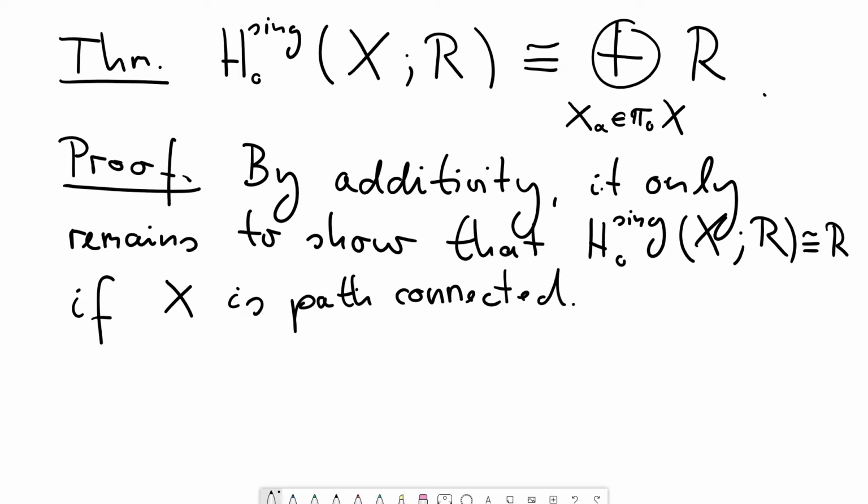Okay. If X is path connected and non-empty, like I said.